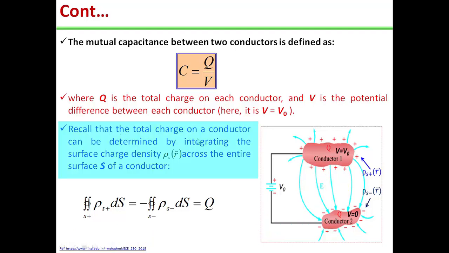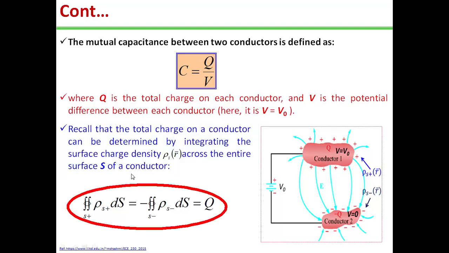Recall that the total charge on a conductor can be determined by integrating the surface charge density rho s across the entire surface S of the conductor. So we can write the surface integral over S plus of rho s plus ds is equal to minus the surface integral over S minus of rho s minus ds, and this will be equal to the total charge on the conductor.